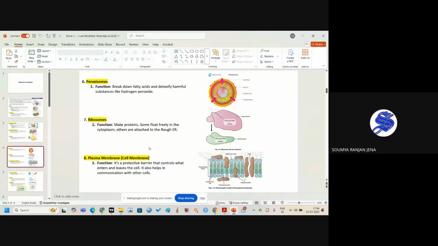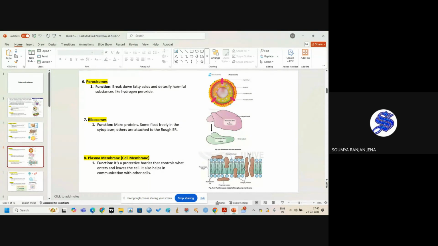Then another important organelle is called the cell membrane. The cell membrane is also called the selective permeable membrane, and its function is a protective barrier that controls what enters and leaves the cell. It also helps in communication with other cells.